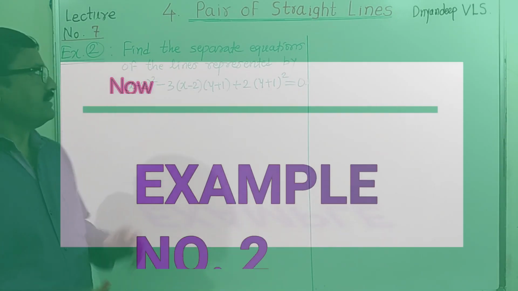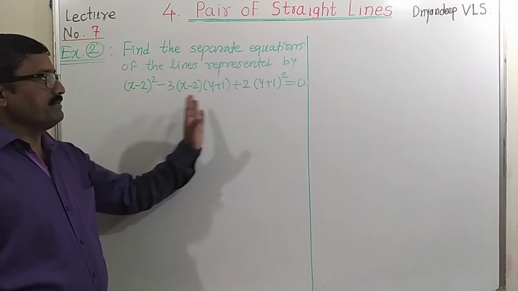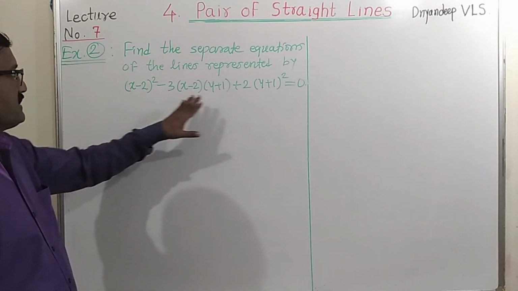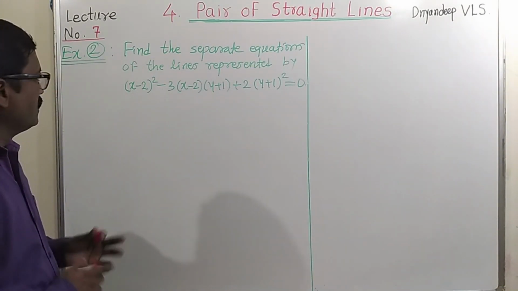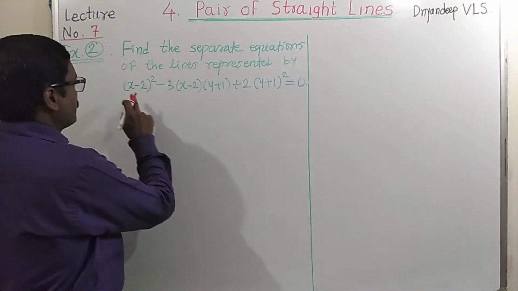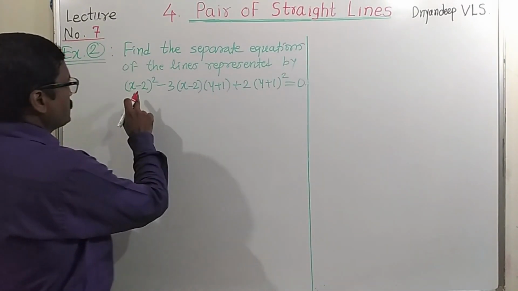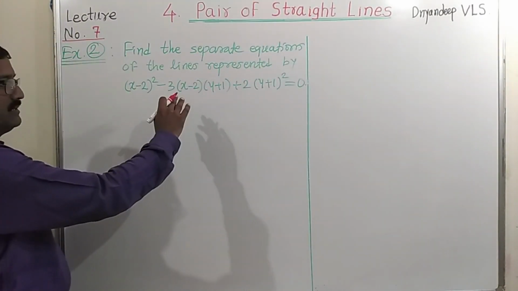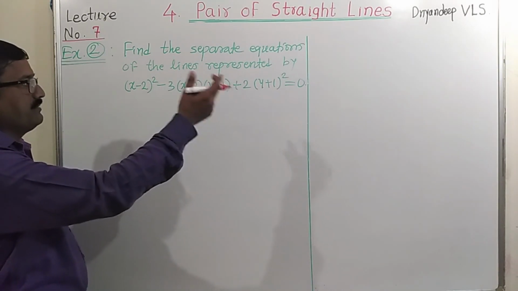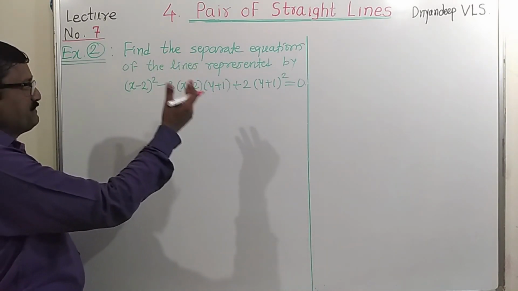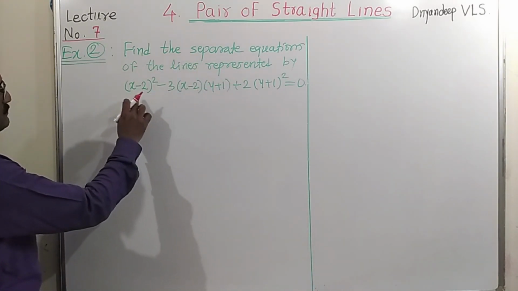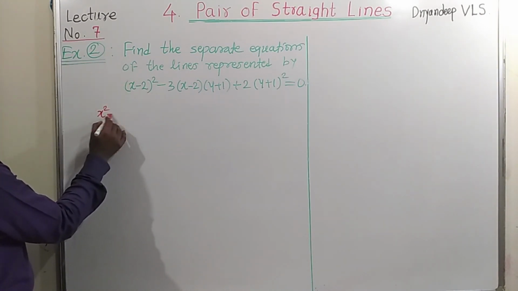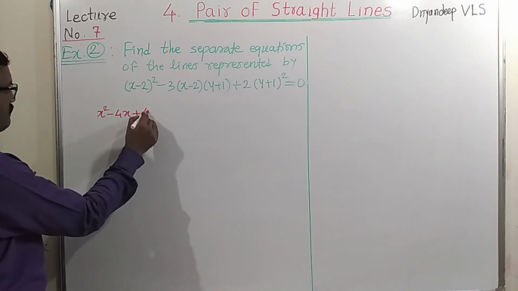Now this is the second example of finding separate equations of the lines represented by this combined equation of lines which are not passing through origin. These lines are not passing through origin because if you simplify this, if you open this square, this product or this square, then this equation will become in the form of ax square plus 2hxy plus by square plus 2gx plus 2fy plus c equals 0, because this term will give us x square minus 4x plus 4.